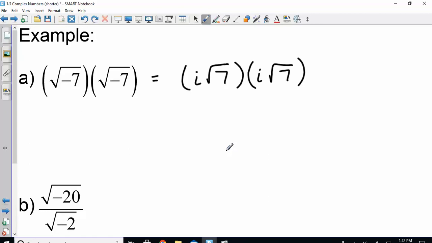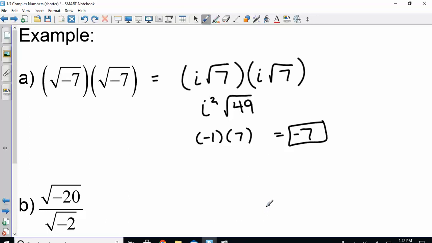Since we've taken out those i's, now we can multiply it together. So i times i, square root of 7 times the square root of 7 is square root of 49. What is i squared? What's the square root of 49? And so we get -7.